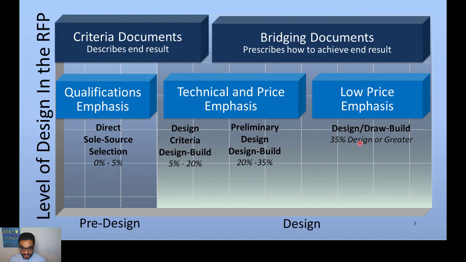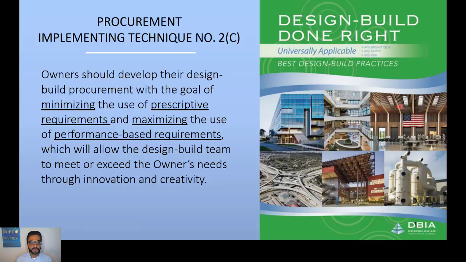So DBIA encourages owners to focus on progressive design-build that depends on criteria documents and qualification-based procurement. You can go a little into here, but they really hate the idea of the owner working on their own with the designer. So it's almost like a design-bid-build. So here, this practice of design-bid-build, DBIA is recommending that owners minimize the use of prescriptive requirements and maximize the use of performance-based requirements.